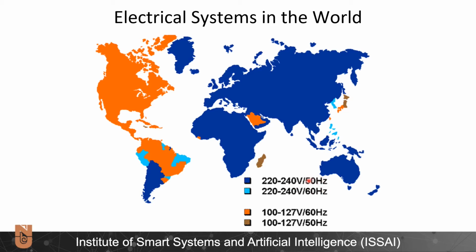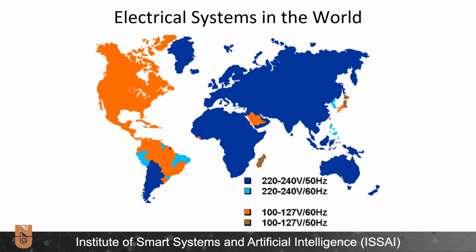Both of them have a variance for 50 Hz and 60 Hz frequency for the AC voltage. And the 220 volts is more or less the whole world except North America, some parts of South America, Saudi Arabia, and Japan, and all the rest of the countries are using the 220 volts.